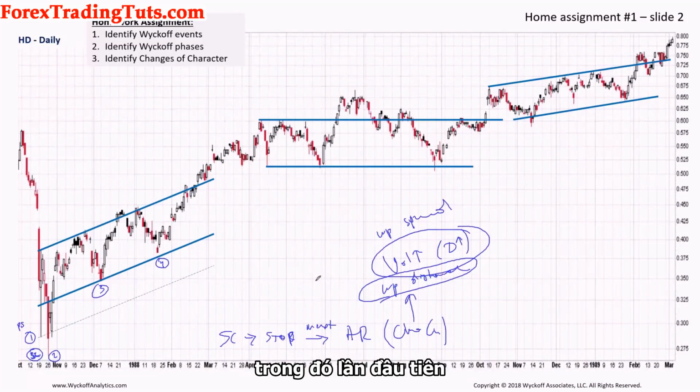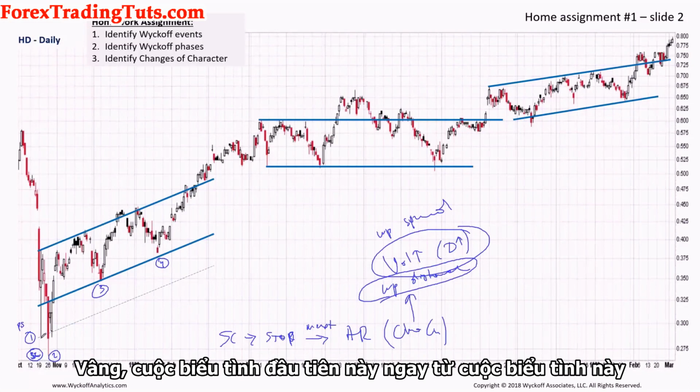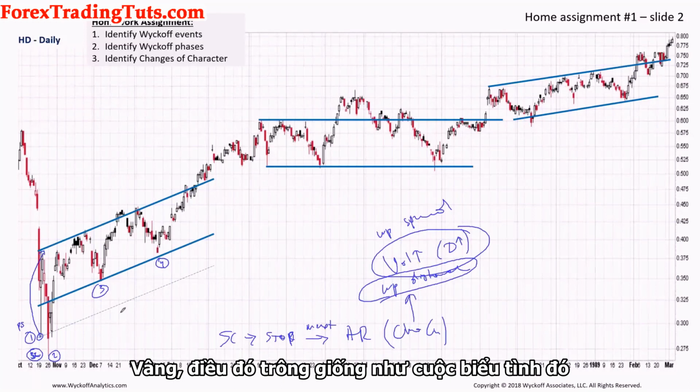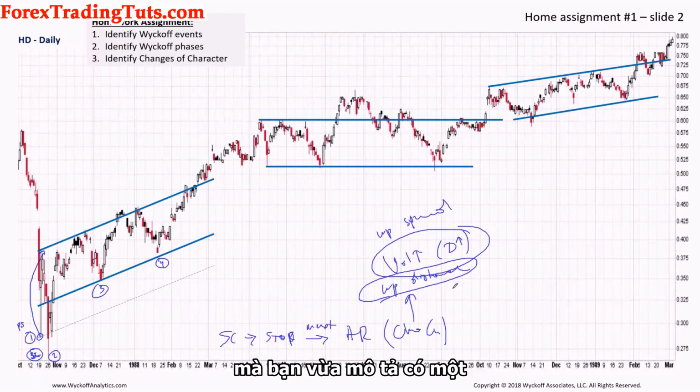So where for the first time do we see this type of price action and volume action as well? Well, maybe between 1 and 2. Yeah, this first rally, right? From this low to this high. Yeah. That looks like that rally that you've just described as a change of character.